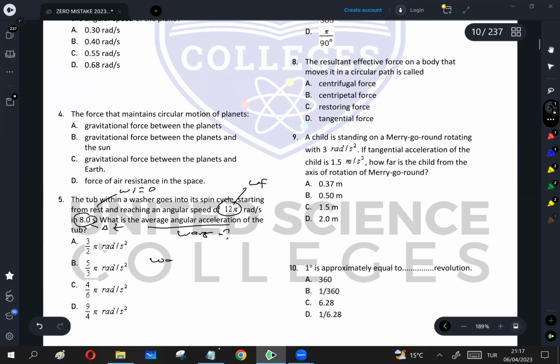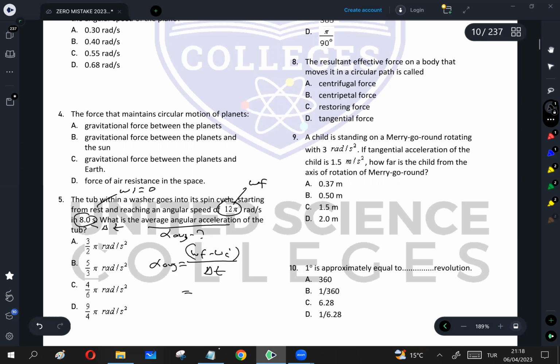Not omega average, it is the average angular acceleration. It's a very easy one, in fact. Alpha average is the question. Alpha average is equal to omega final minus omega initial divided by delta t.